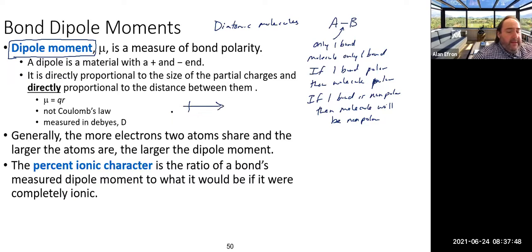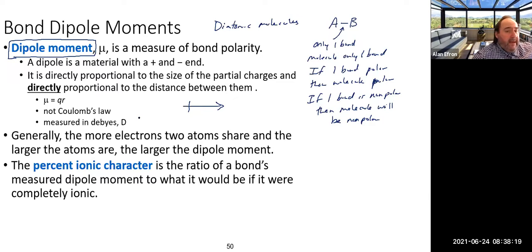That means within that molecule, there is a side that is more positive and a side that is more negative as a result of the unequal sharing of electrons. So we can relate that both bond polarity and molecular polarity will be the same when we're dealing with diatomic molecules.